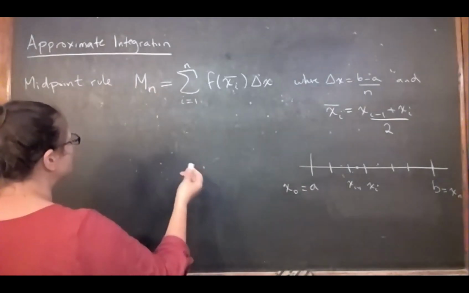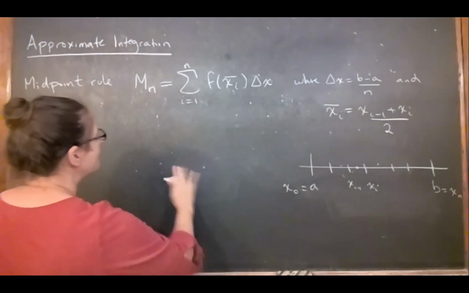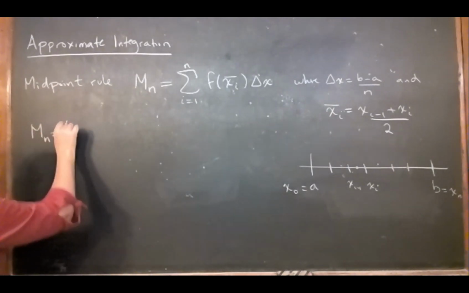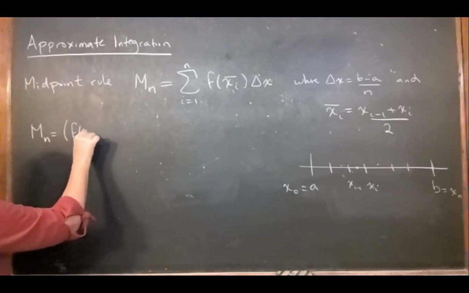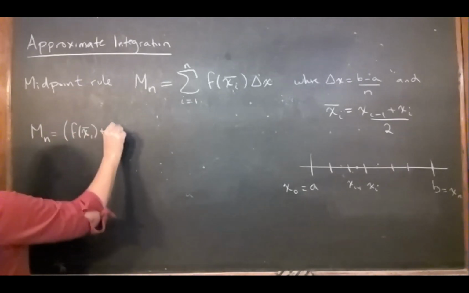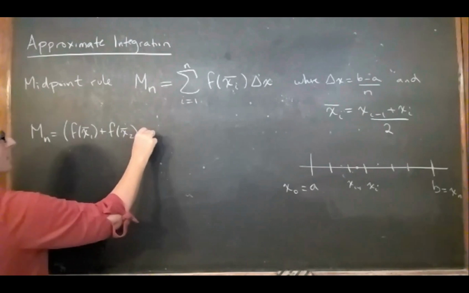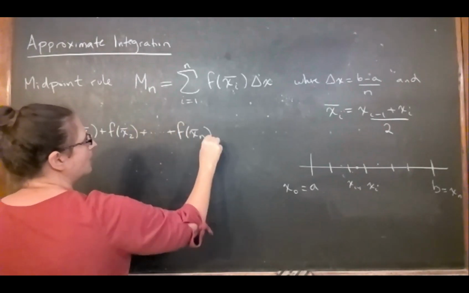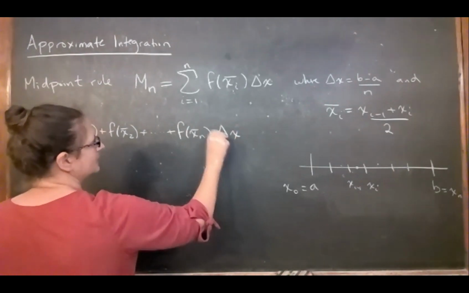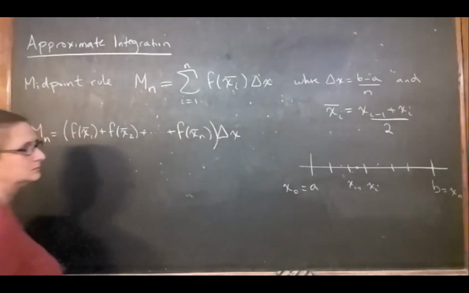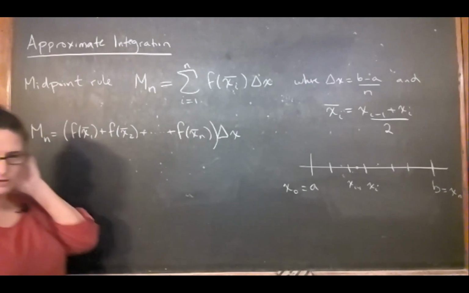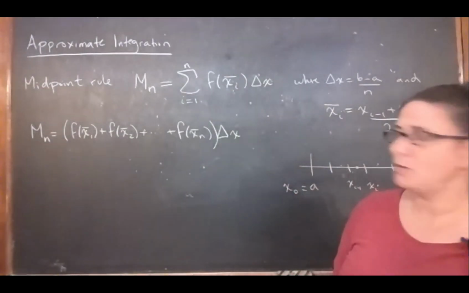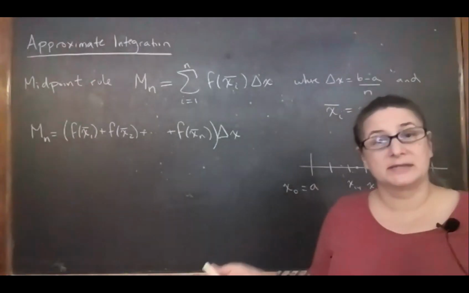So, of course, what this is going to look like is just f of x_1 bar plus f of x_2 bar plus all the way to f of x_n bar times delta x. Whoops, like that. Or we could put the delta x in the front, which probably I will when I write them all, but this is that. So let me do an example of this.